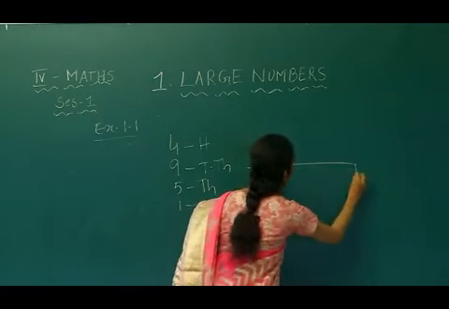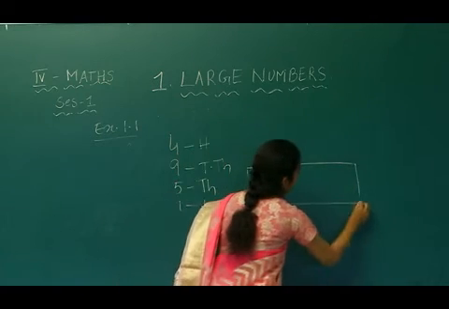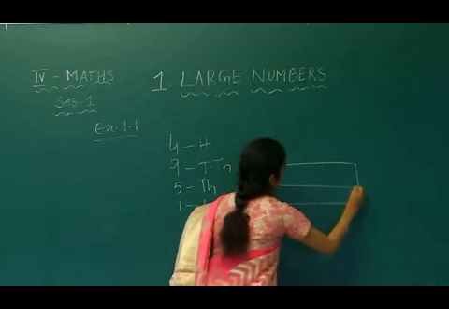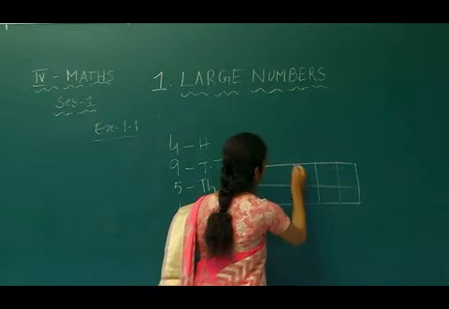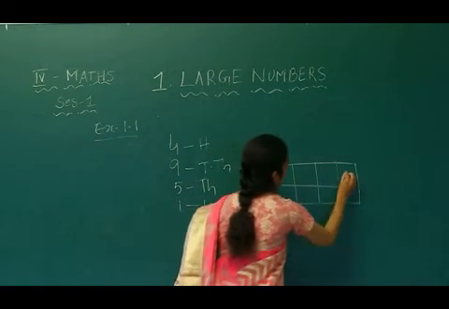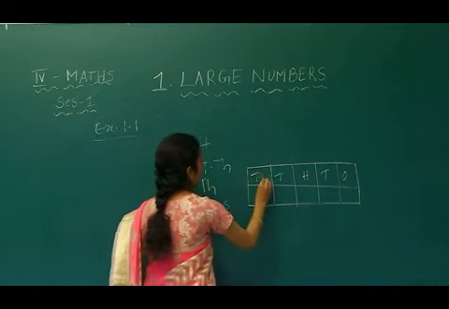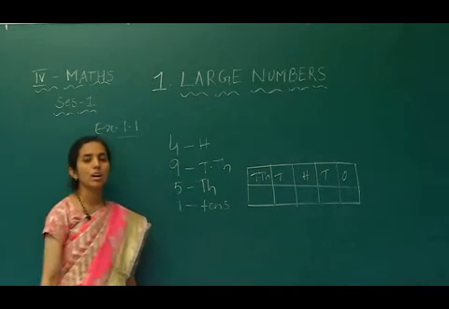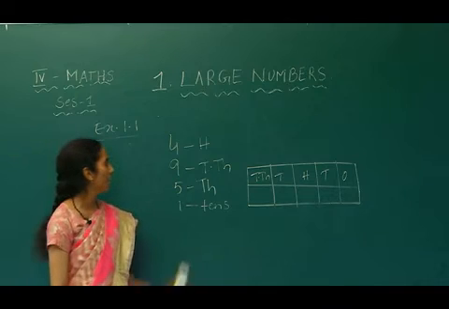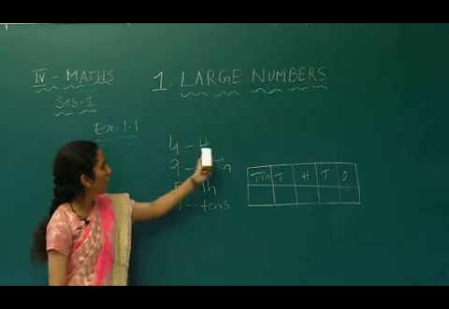The easy method is to draw the place value chart. No confusion, easy to write. Ones place, tens place, hundreds place, thousands place and 10,000s place. So what is the given data here? 4 hundreds.